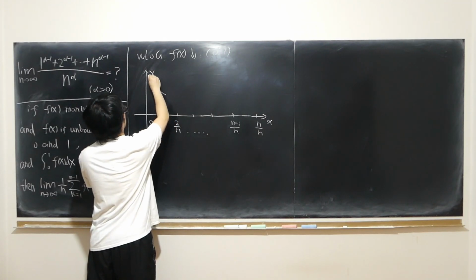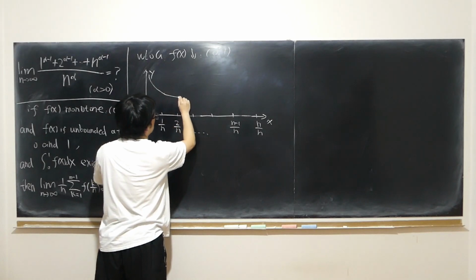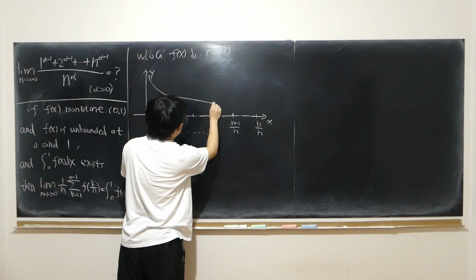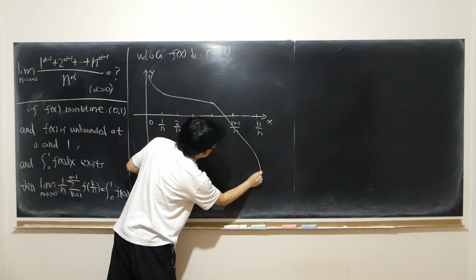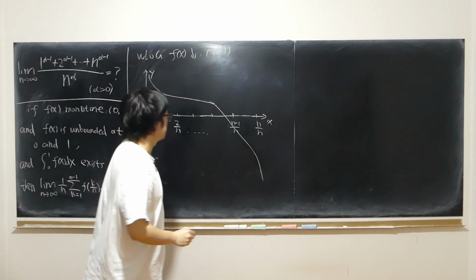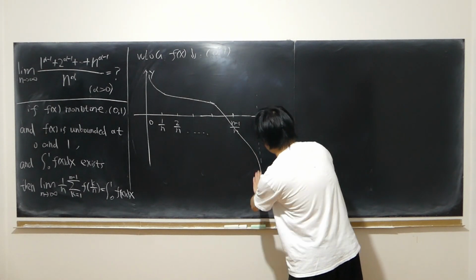Here it'll go up to positive infinity, and down there, decreasing, and maybe I'll draw it like this. Down here it'll go to negative infinity.